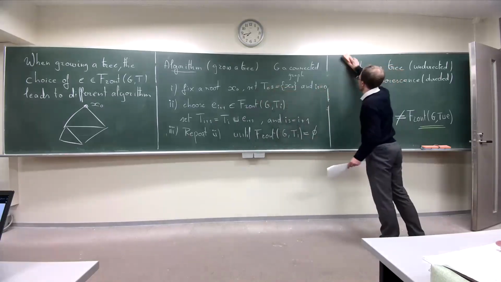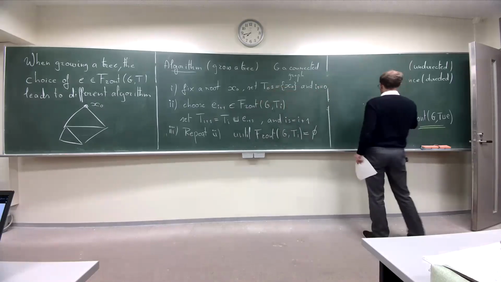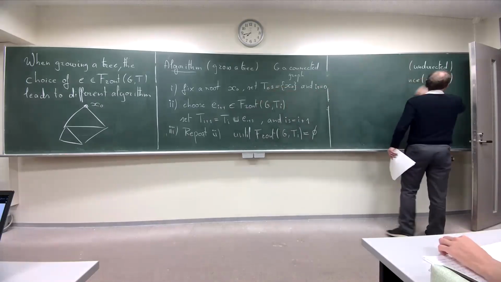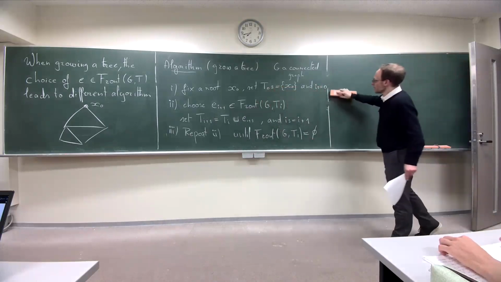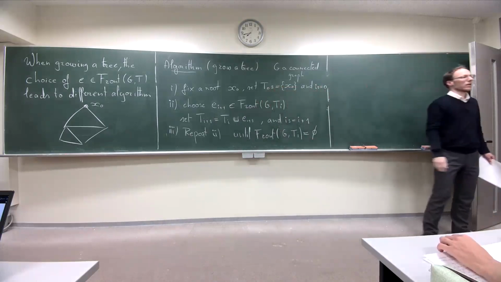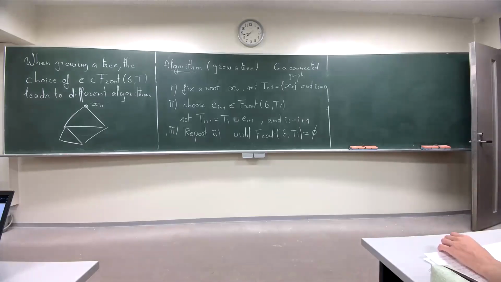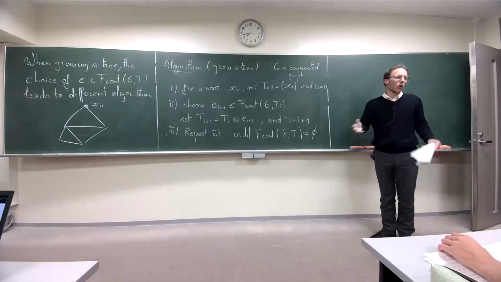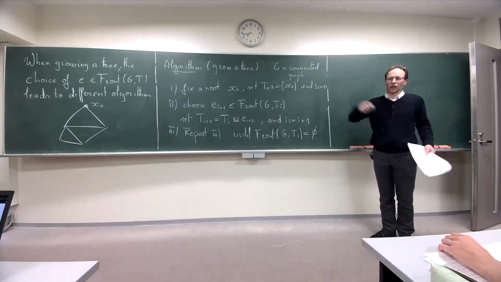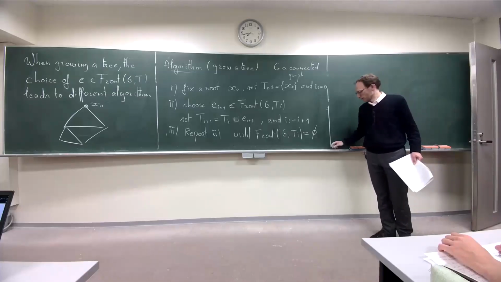When you have nobody in the frontier, you cannot grow anymore. If it is an undirected graph, it means you finish your work. If it is a directed one, it means you cannot go further. Either it's finished or simply you cannot grow the arborescence anymore. So it depends.